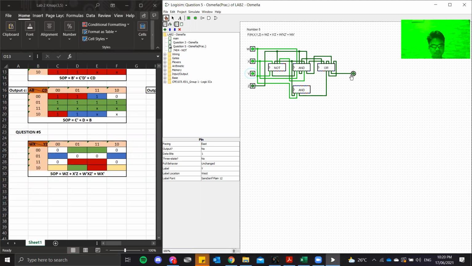So it's basically correct for the correct setup for the K-map and the circuit.